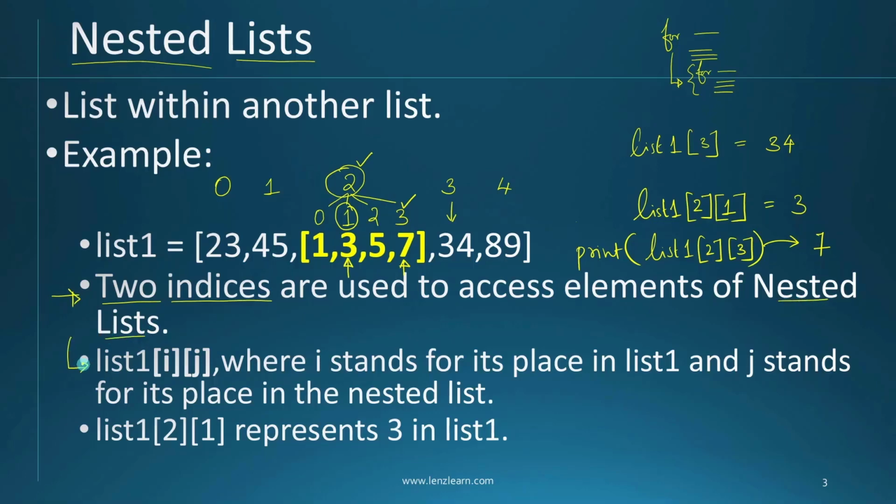For example, you can write list1[i][j], where i stands for its place in list1, so that is 2. The inner list is available at position 2, and j stands for its place in the nested list. So if I am looking for value 7, 3 is the position inside the inner list. That is the concept of i and j. Now we have list1[2][1], which will extract value 3 from list1. Okay, so now let us continue.